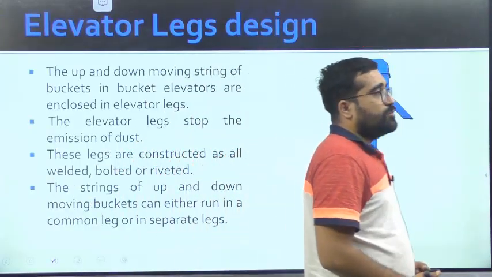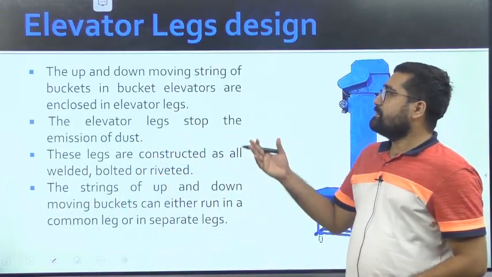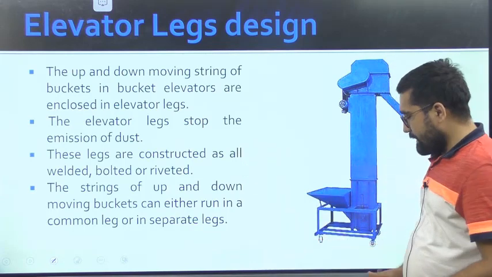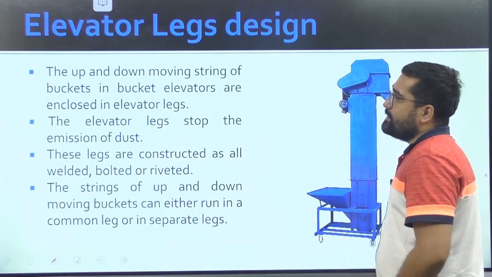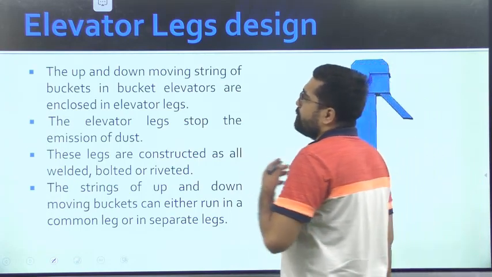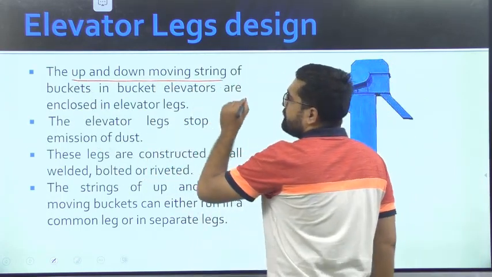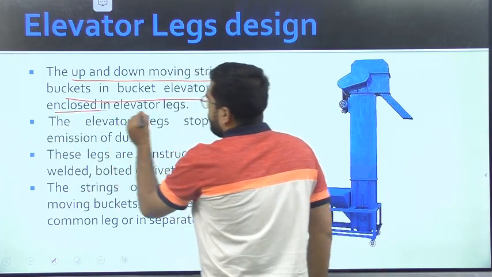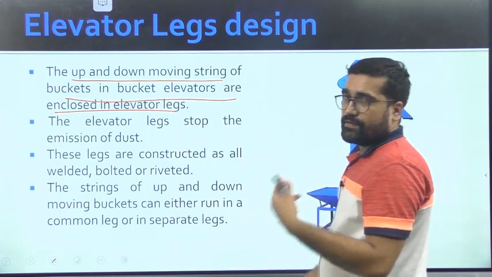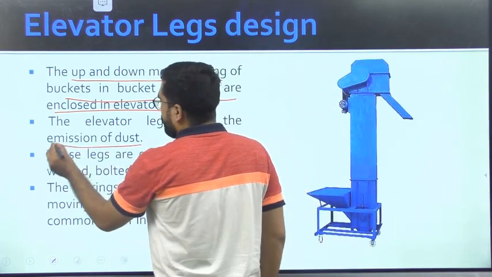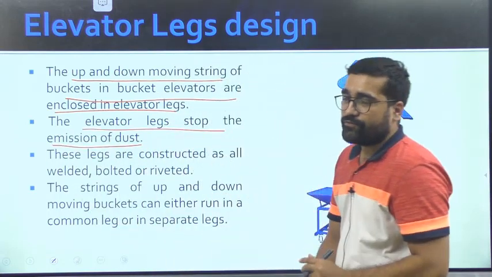That's it for the boot section. Next will be the legs, the bucket elevator legs. The purpose of the leg is to move the string of buckets up and down safely, so that dust or impurities can be eliminated from the system.